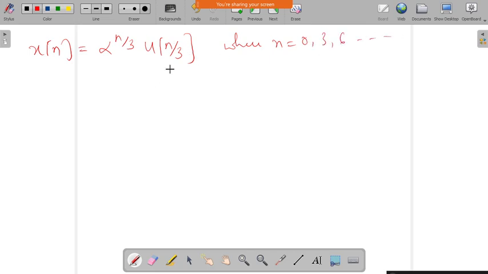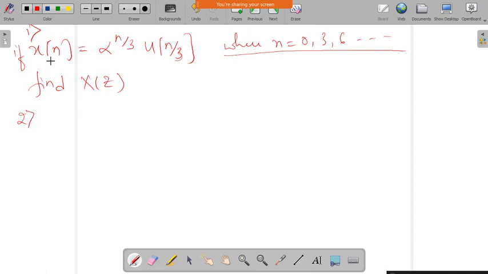In order to get this scaling, expansion or compression, n should be multiples of the scaling factor. That's why it is given n equal to 0, 3, 6, like that. So find x of z. If x of n is this one, find x of z. This is the first problem.